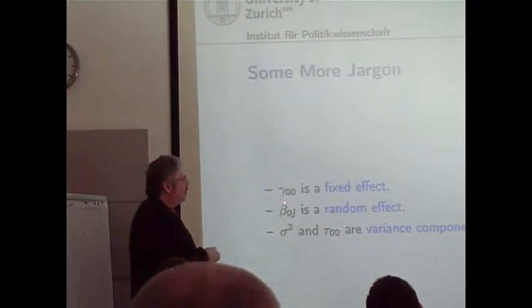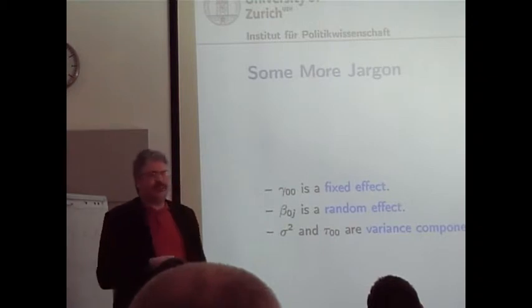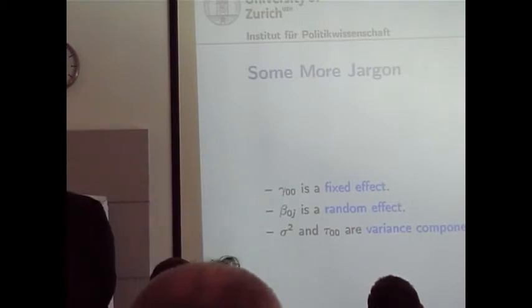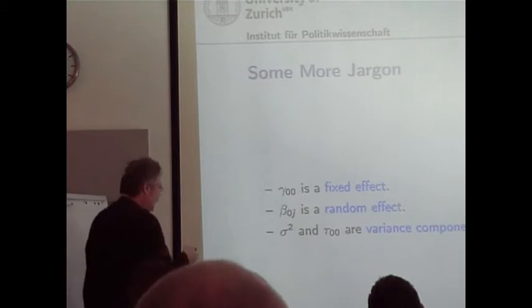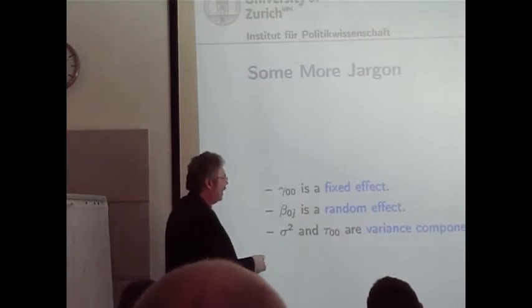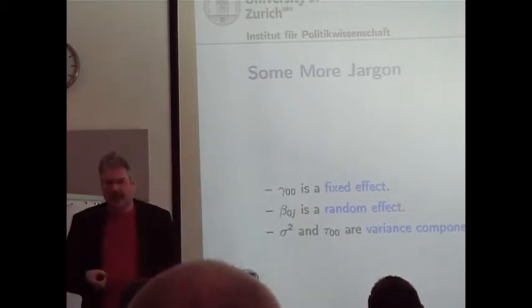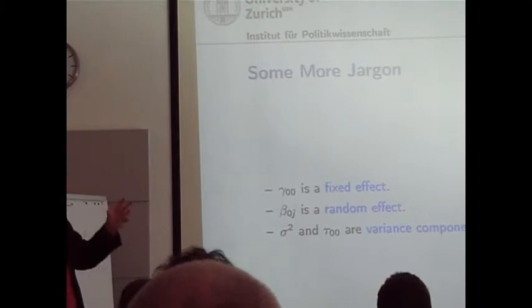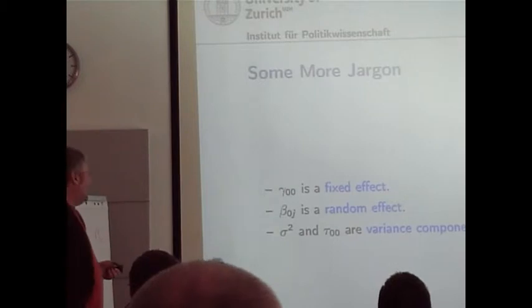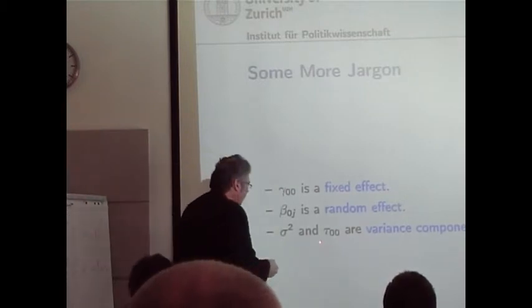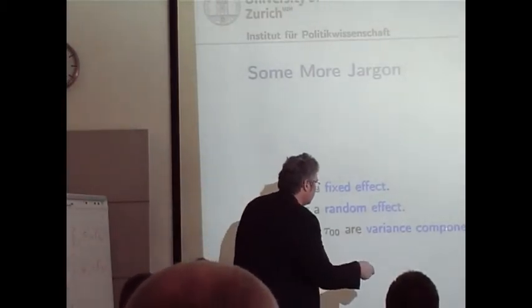This gamma 0,0 is known as a fixed effect because it literally is one value. There's no more variation there. The beta 0j is called a random effect. Actually, the epsilons and the deltas are also referred to as random effects. And the sigma square and the tau 0,0 are variance components.